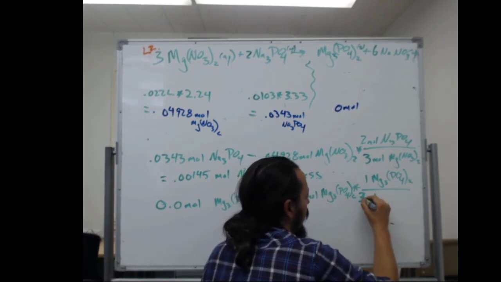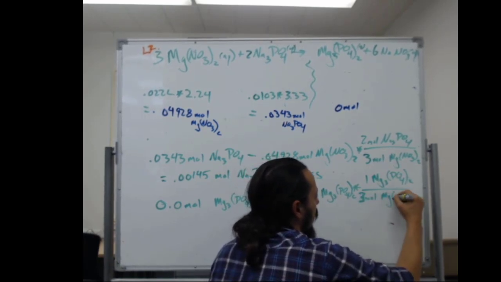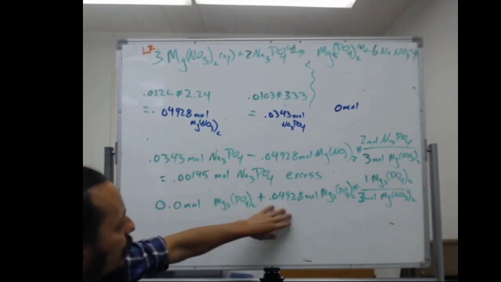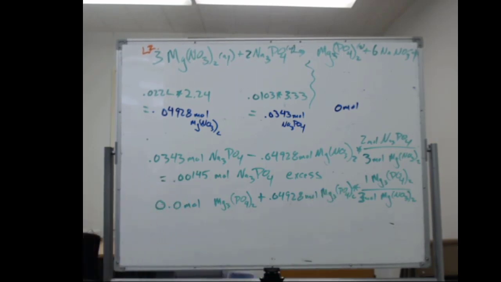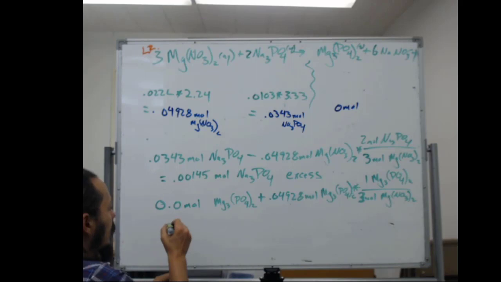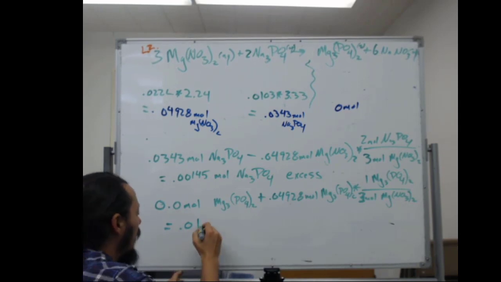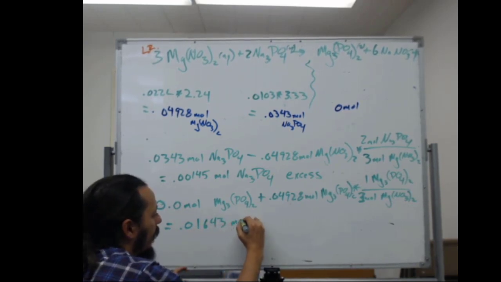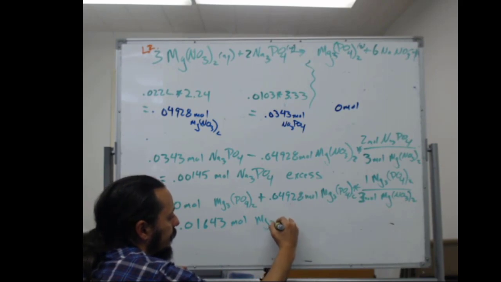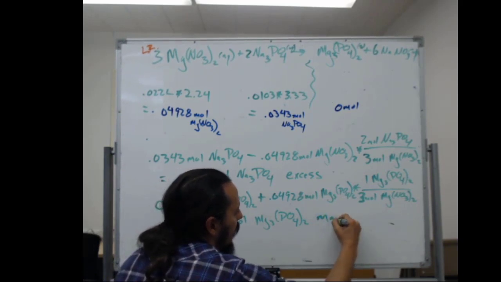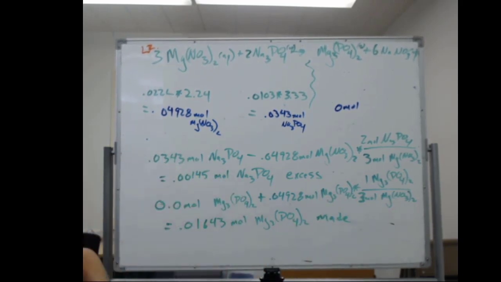So we can do 0 plus 0.04928 times 1/3, and that will get us 0.01643. And so that's our sodium phosphate excess, our magnesium phosphate made, multiplied by the mole ratio to get the grams.